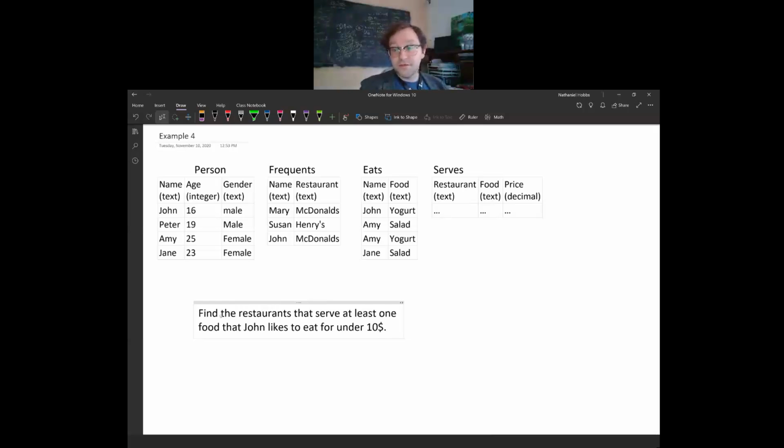John is hungry. He has a $10 bill, and there's a list of foods that he likes to eat. He wants to know what are the restaurants that he could go to and get something that he likes for $10. That is the query.